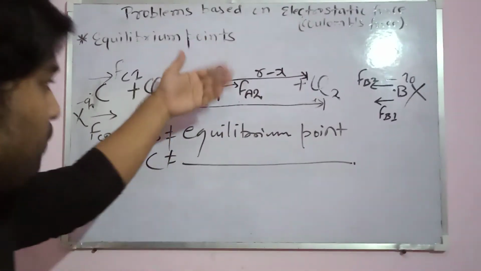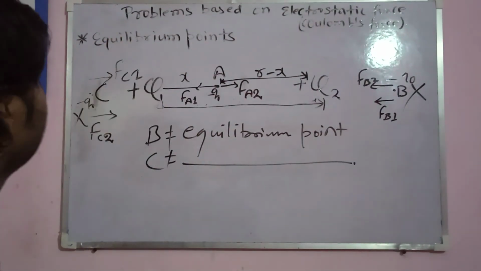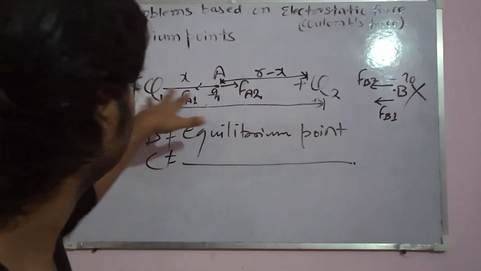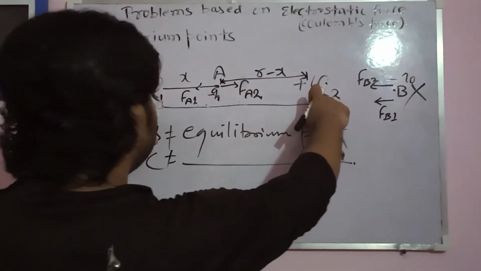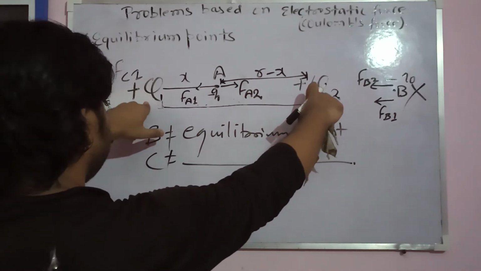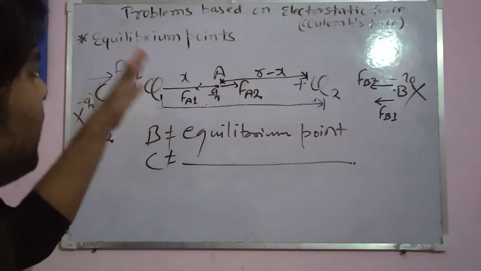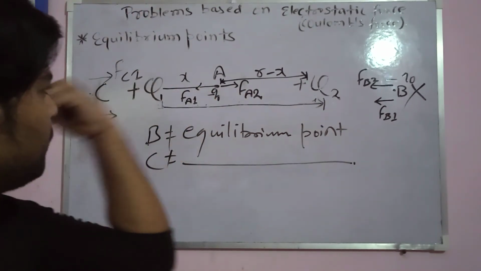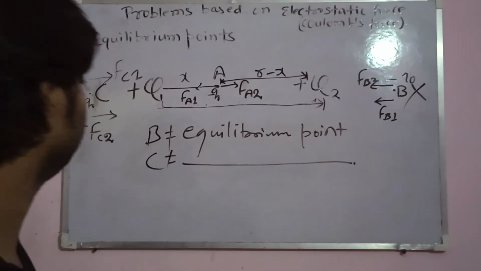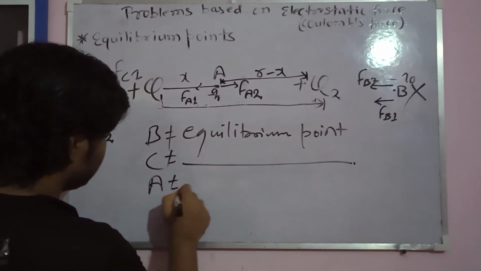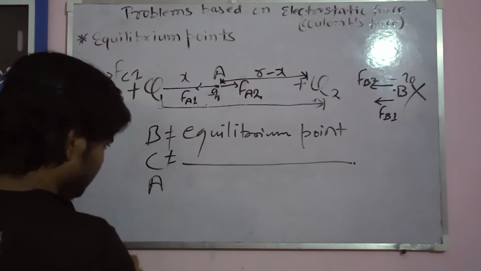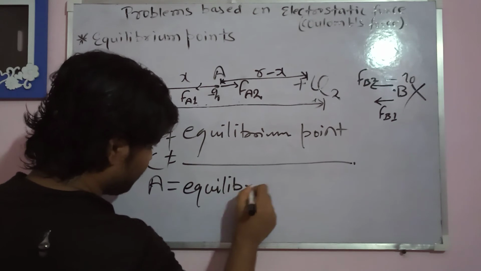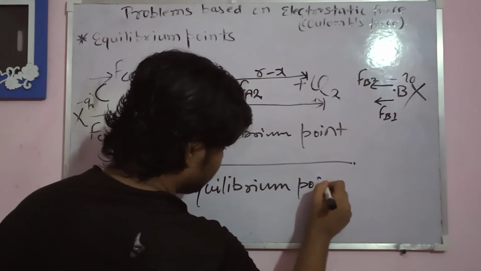The probability that they will produce an equilibrium point is quite high. So we reach the same conclusion that whenever the charges are equal in sign, either positive or negative, we must get an equilibrium point in between them, not to the side of Q2, not to the side of Q1. So A is an equilibrium point.